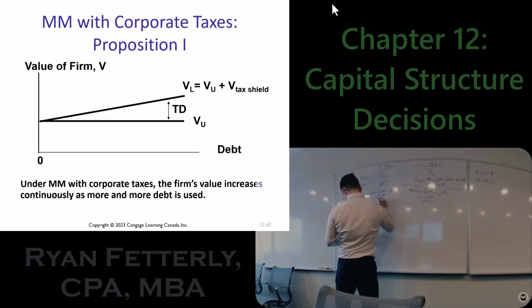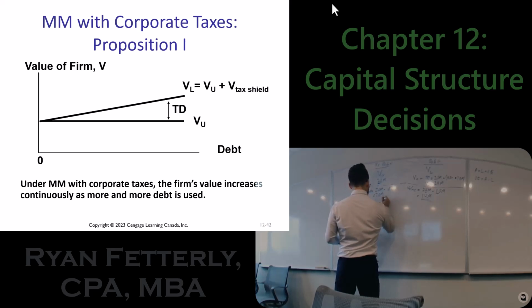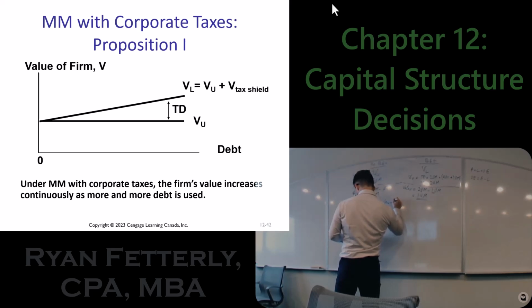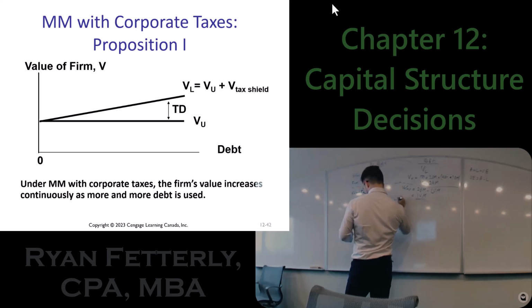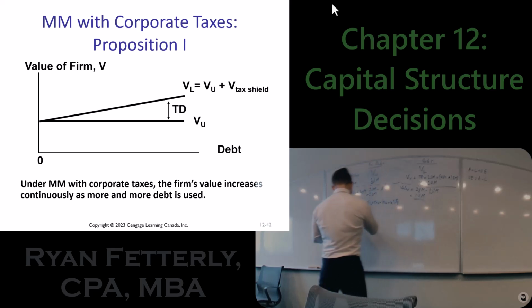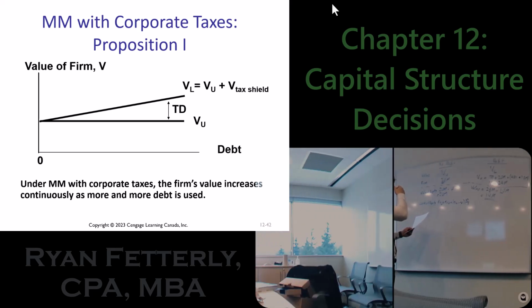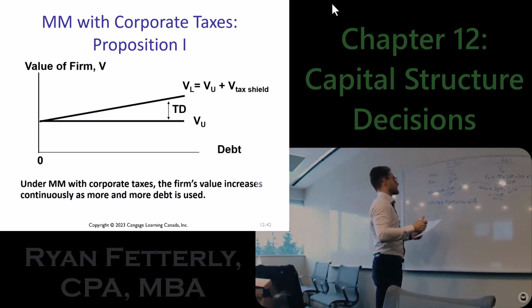So I know that RS of a leveraged company equals RS unleveraged, plus RS unleveraged minus the cost of my debt, and then multiplied by D over S, which is my debt level divided by the amount of stock that I have, right? That's what this is.